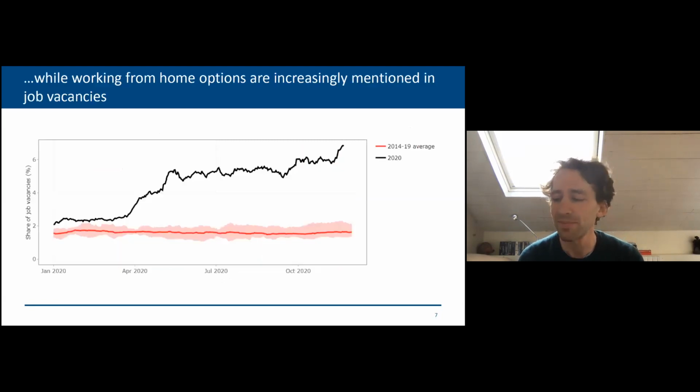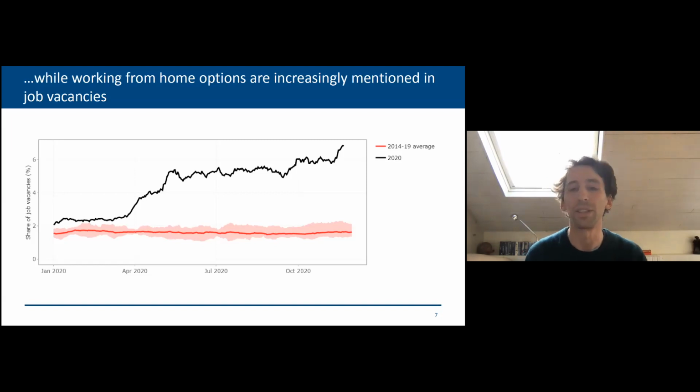Next slide, please. And another very interesting aspect that we found is obviously the increase in working from home options. So Burning Glass has a variable that allows us to track which vacancies allow working from home, and we found that that has really jumped from just over 2% up to March to over 6% in October.